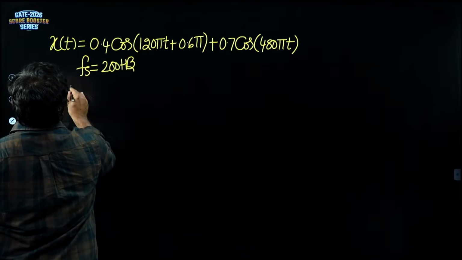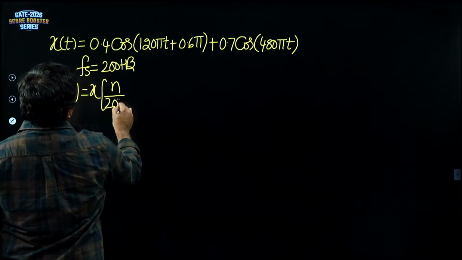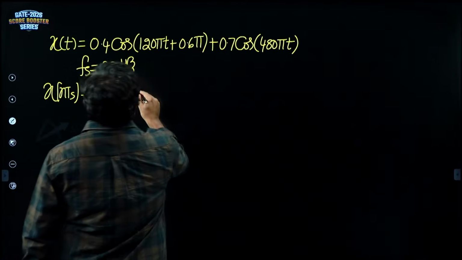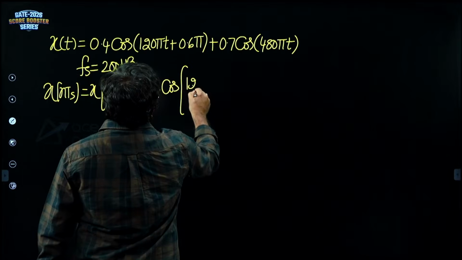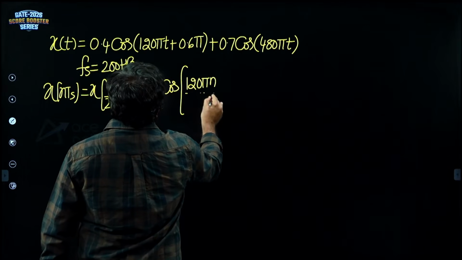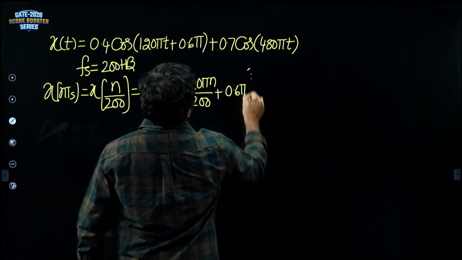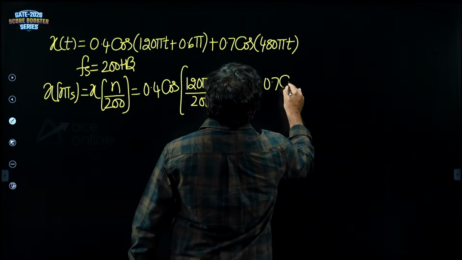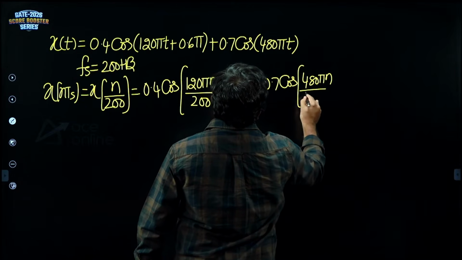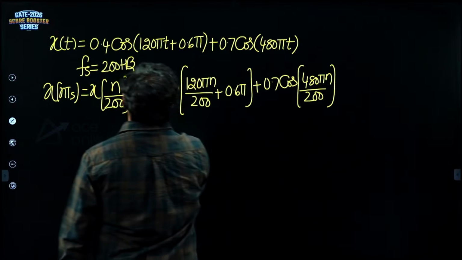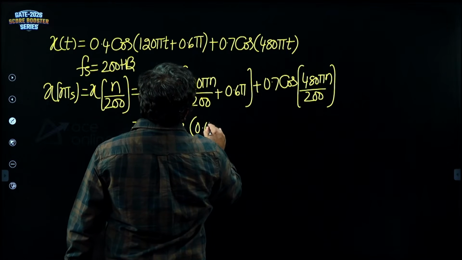What is the discrete form of this one? x of n Ts form. Ts is 1 over Fs. 0.4 cos of 120 pi by 200, which gives 0.6 pi.